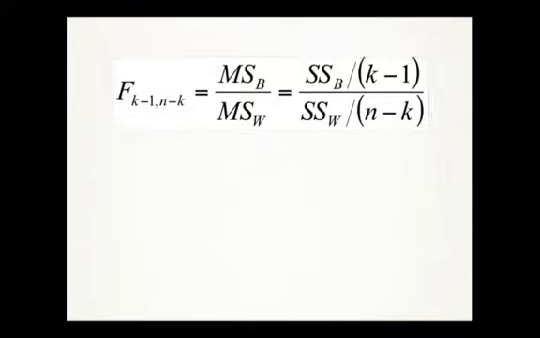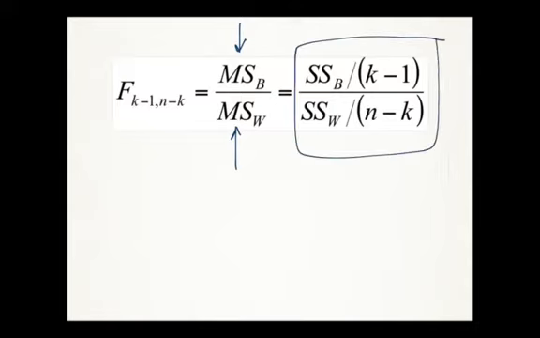What we do is we take the between group mean square, divide by the within group mean square, and we showed in this calculation how to get that. That gives us the F-statistic. And the F-statistic now has two parameters, as you can see. They're degrees of freedom. The F-statistic has k minus 1 and n minus k degrees of freedom.